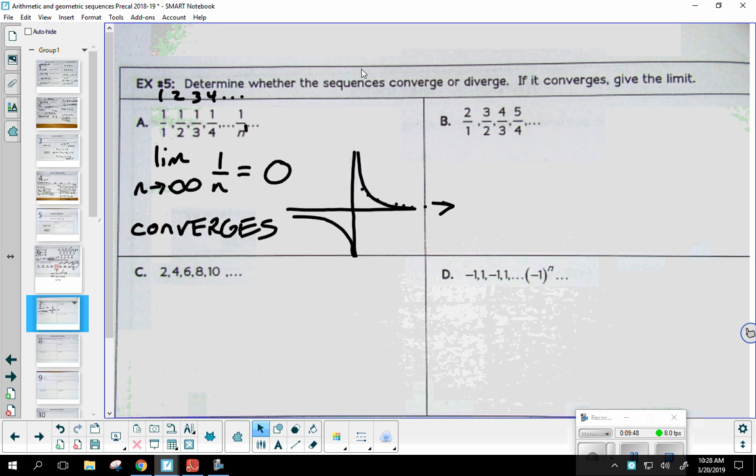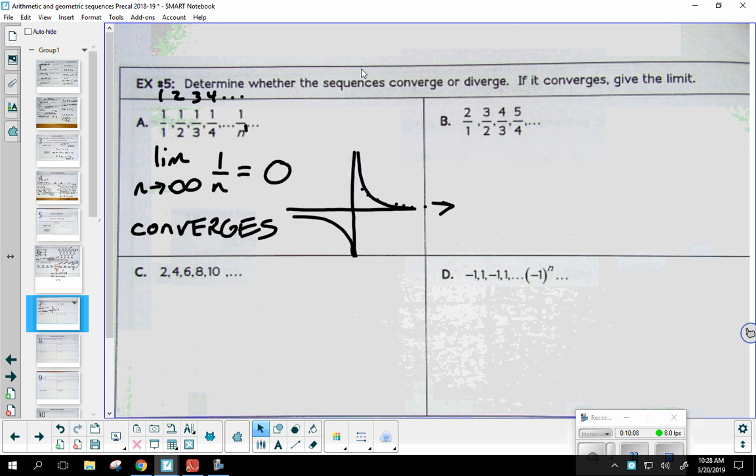Now let's try B. So look at the pattern here. Look how the numerator changes with respect to the denominator. We have 2 over 1, 3 over 2, 4 over 3, 5 over 4. So what would the next term be? 6 over 5. There we go. And then it would just continue like that.